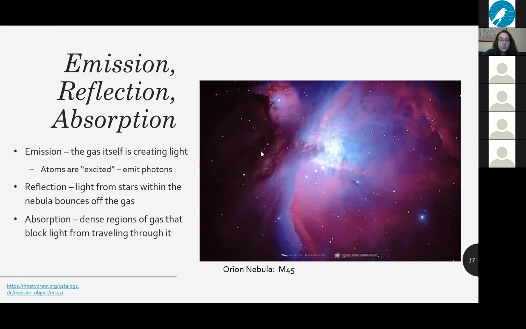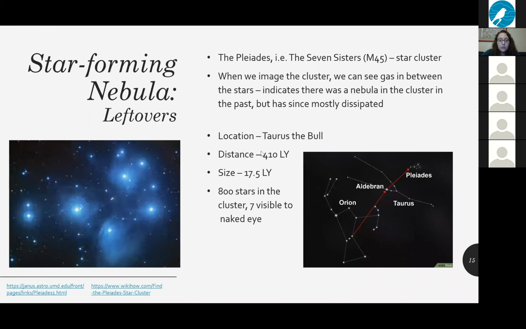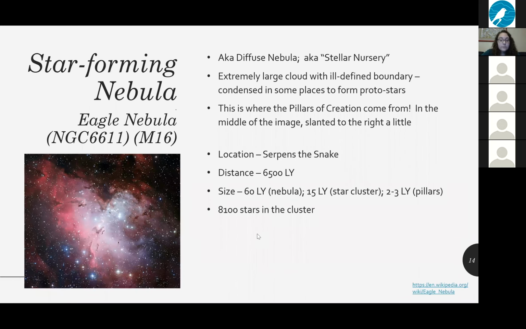Galen, do you have anything to add? Yeah, if I can just say that the structures of emission nebulae in particular are very varied, and in part that reflects the dynamics and turbulence of the interstellar medium. There are shock waves bouncing back and forth, and ionization fronts going out.